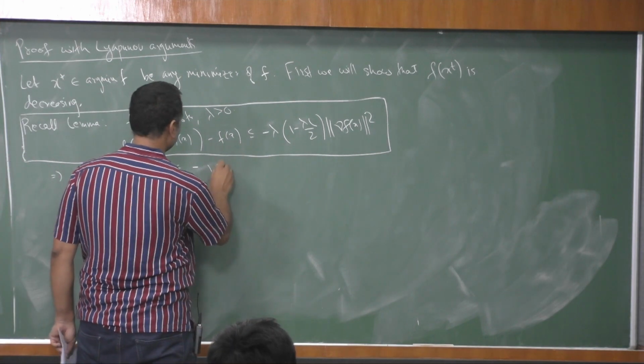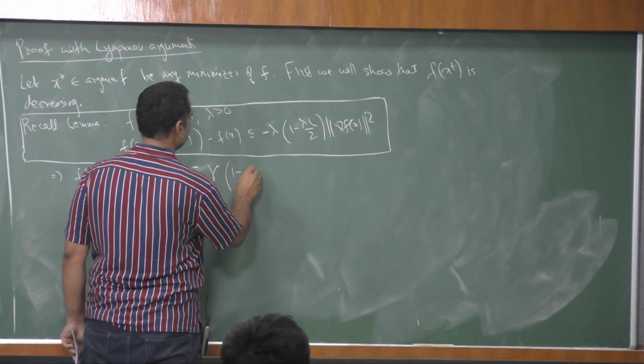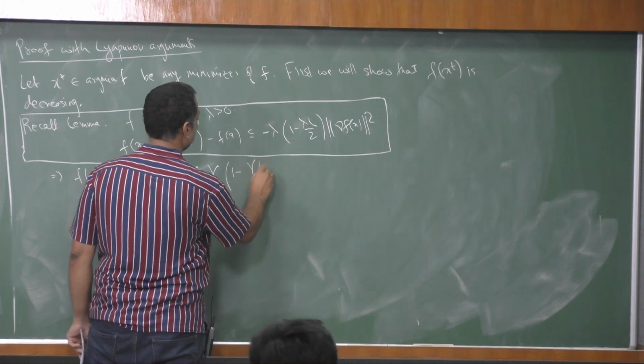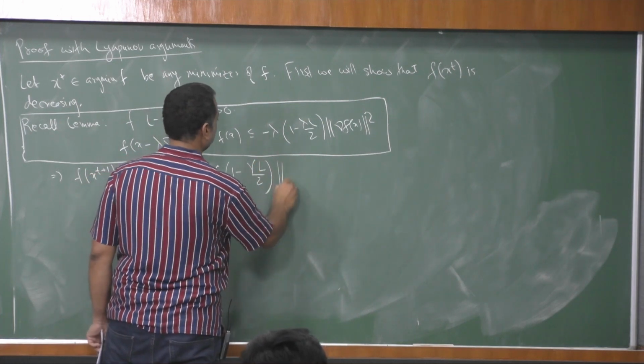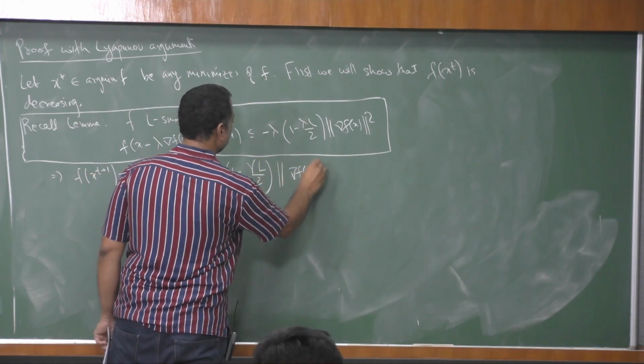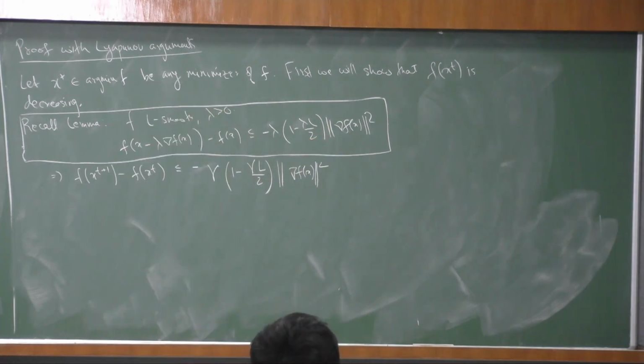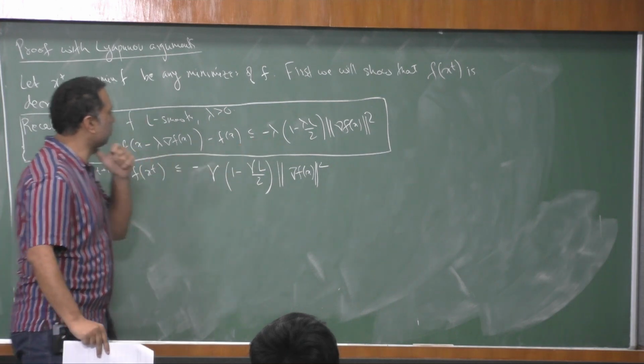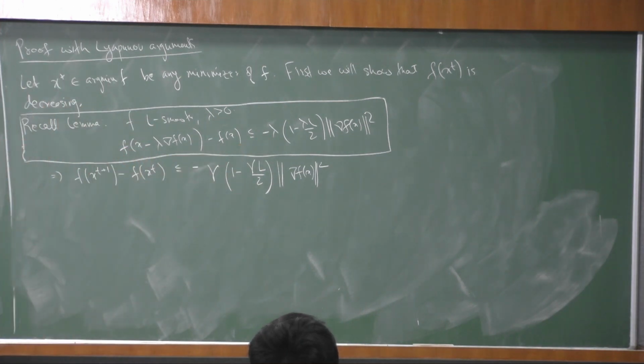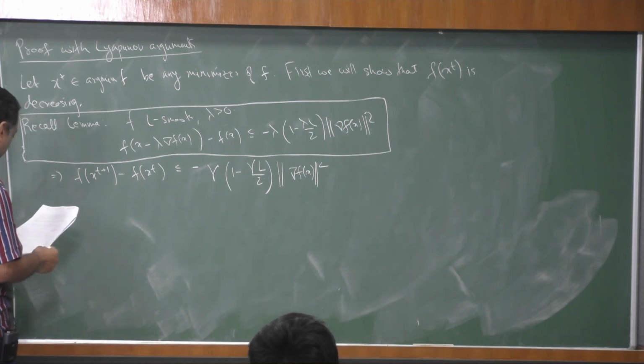So this is gamma, and 1 minus gamma L by 2. Yeah, this is interesting that this lemma is about any lambda greater than 0. So this inequality is satisfied for any lambda greater than 0. There's no restriction on lambda. Okay, that's fine. So in our case, lambda is gamma.